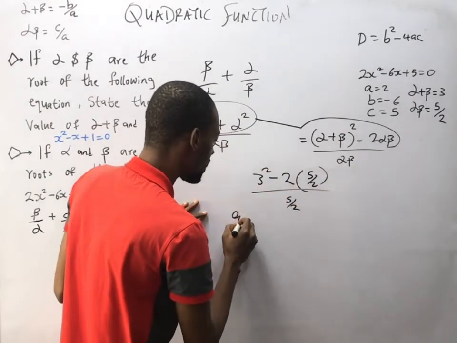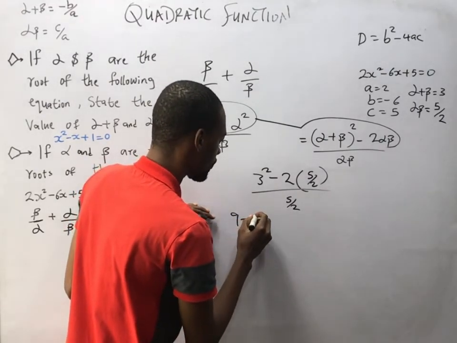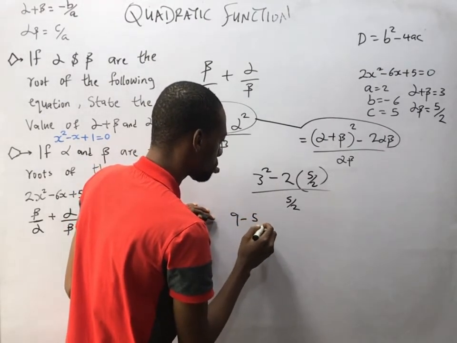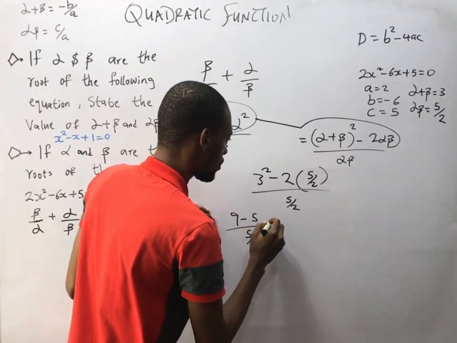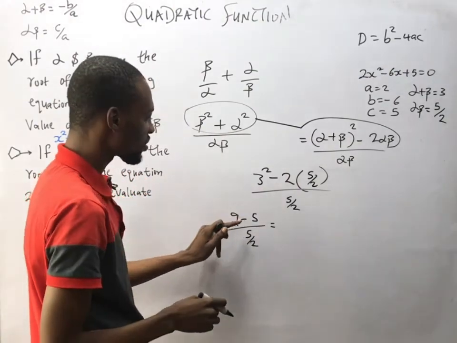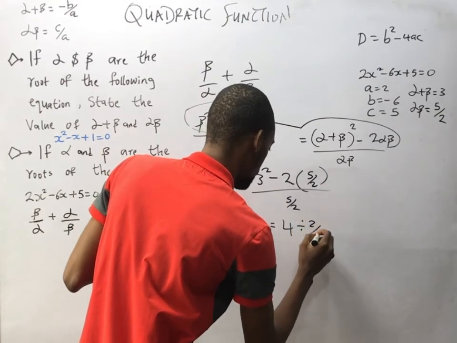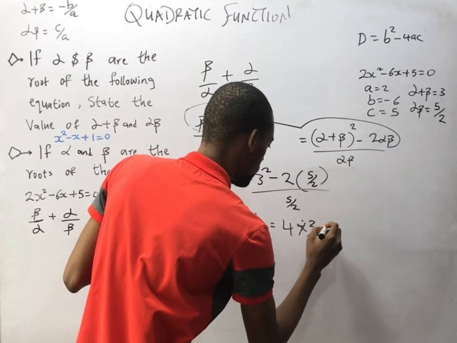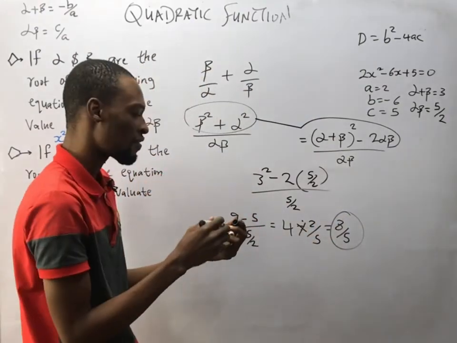So this is simply 9 minus 5 over 5 over 2. This is simply 9 minus 5 is 4. So 4 divided by 2 over 5. This equals 8 over 5. So the answer is 8 over 5.